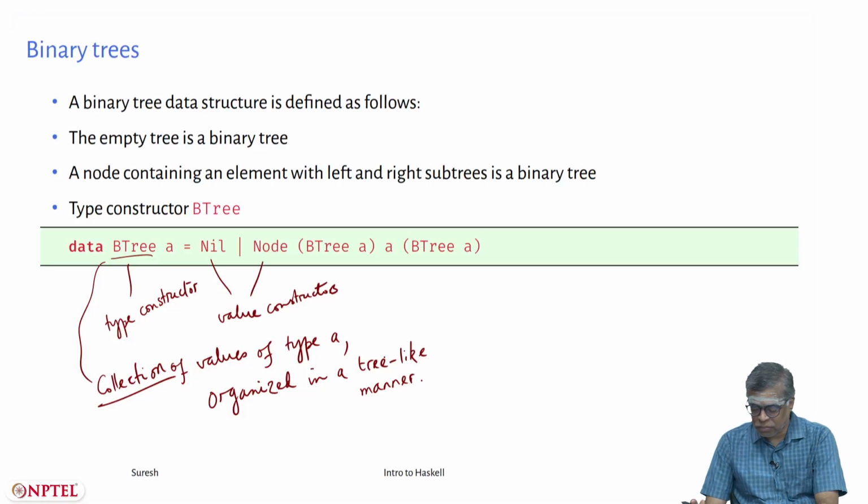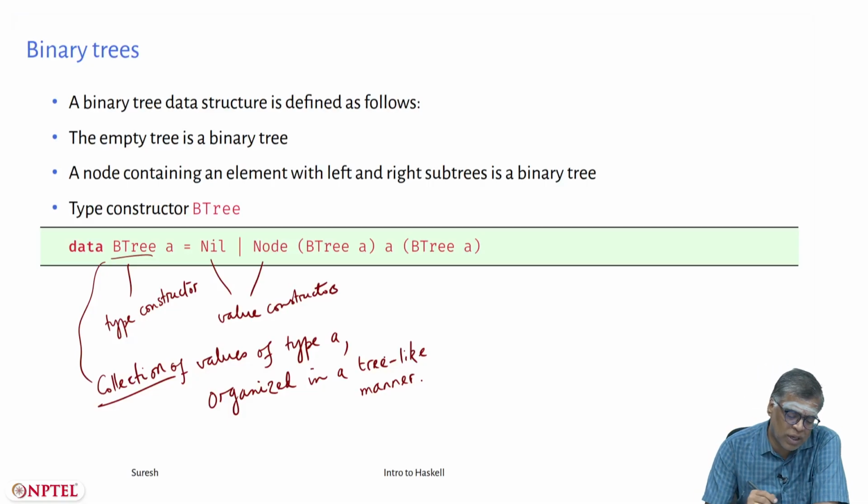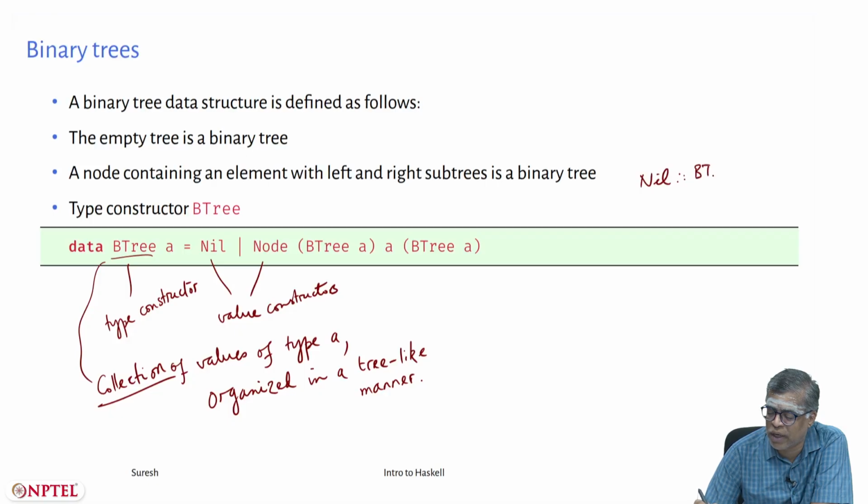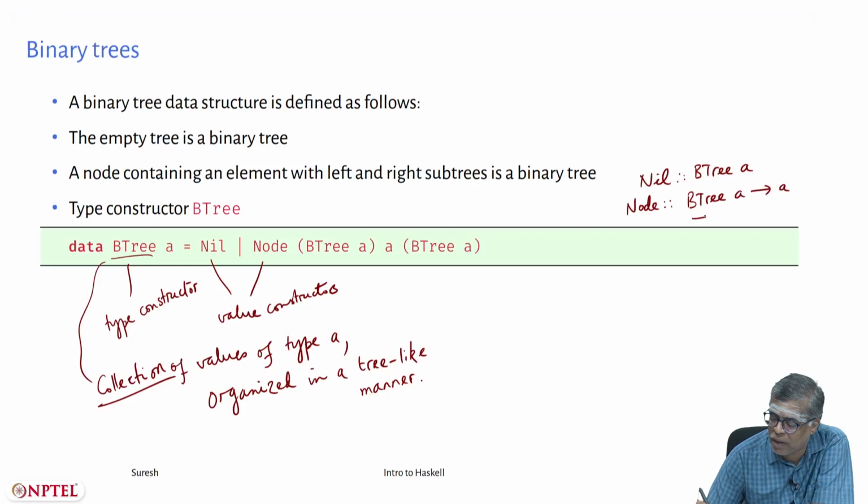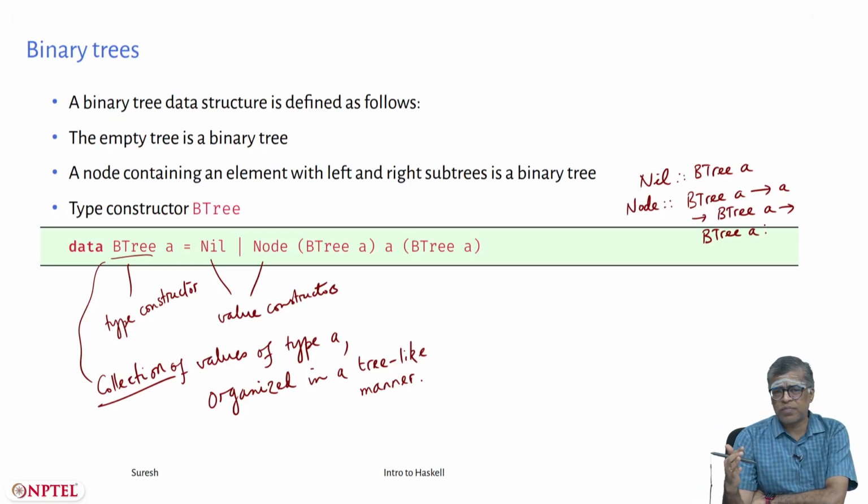We will see. So node is a value constructor, nil is a value constructor. Nil does not take any arguments. So nil, without taking any arguments, will produce a BTree of type A. Note that this is all polymorphic. Node will take a BTree A, another value of type A and another BTree A as arguments, and the result will be a BTree A. We have already seen this.